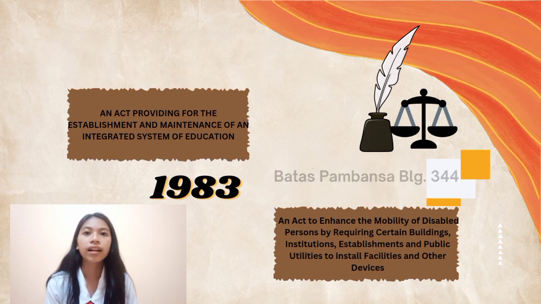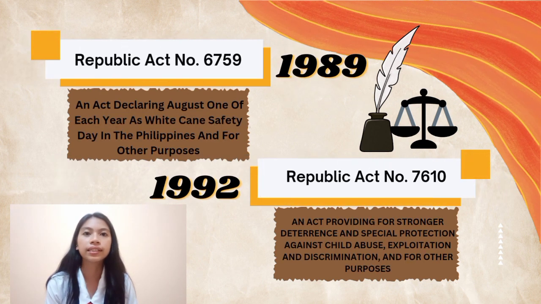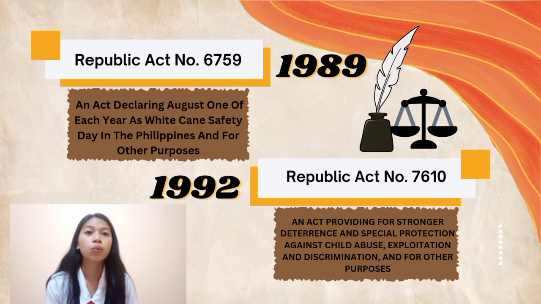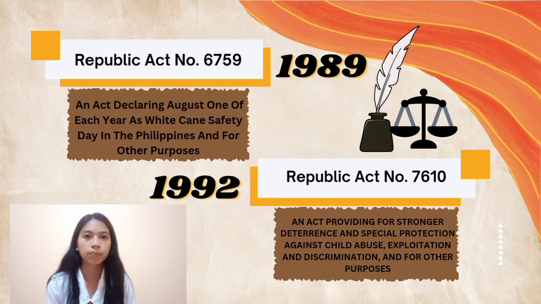The 1989 Republic Act number 6759, an act declaring August 1 of each year as White Cane Safety Day in the Philippines and for other purposes.